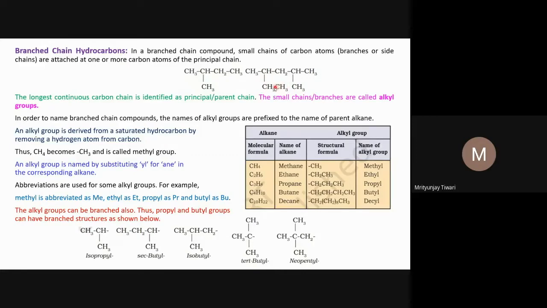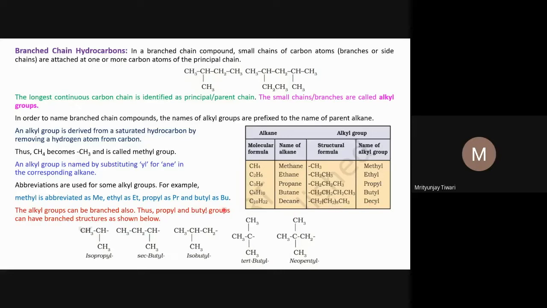So this has originated from two carbon atoms, the alkane being ethane, so the name of this substituent will be ethyl. If there are three carbon atoms in a substituent and it is linearly connected, then it will be propyl. It is butyl, or n-propyl, n-butyl. People also say decane, decyl.